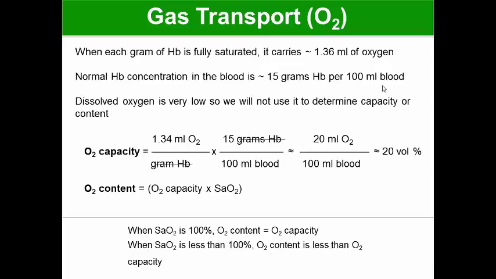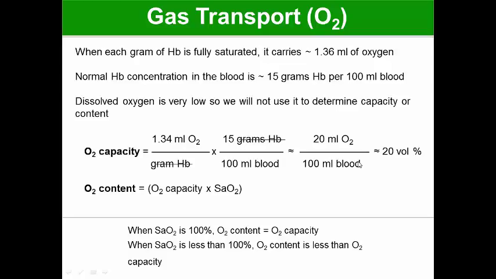Each gram of hemoglobin, when fully saturated, carries 1.36 milliliters of oxygen. So the oxygen carrying capacity is equal to this number multiplied by 15, so approximately 20 milliliters of oxygen in each 100 milliliters of the blood.